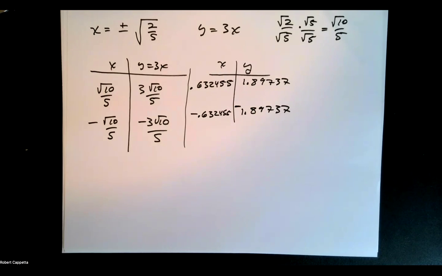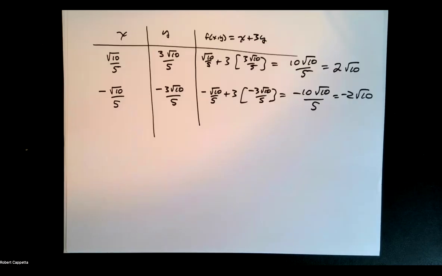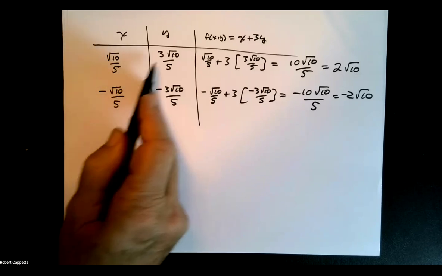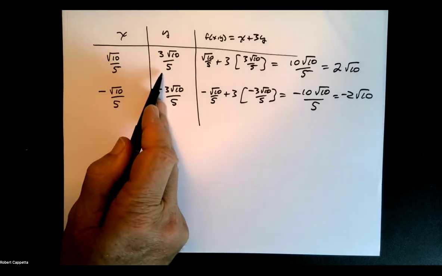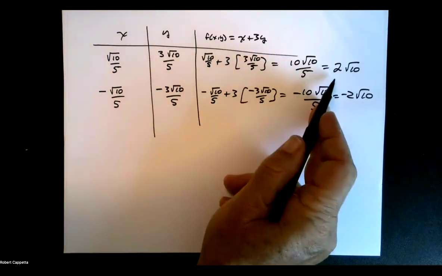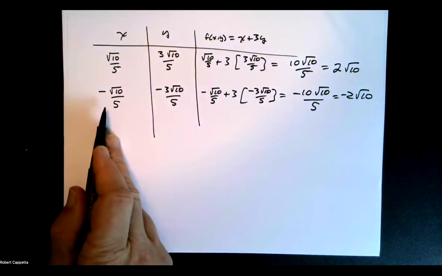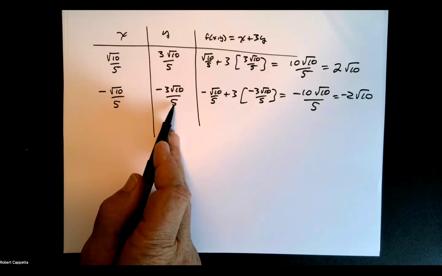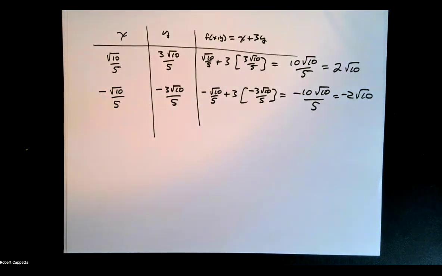But then remember, my goal was to find the largest value of f of x, y equals x plus 3y. So here are our values. X root 10 over 5, y 3 root 10 over 5, x plus 3y is 2 root 10. Similarly, negative root 10 over 5, negative 3 root 10 over 5, negative 2 root 10.